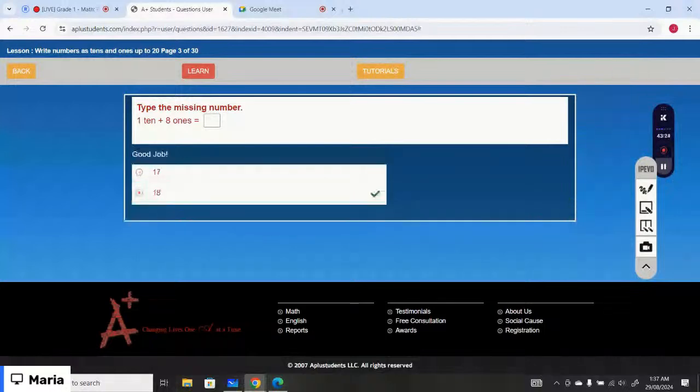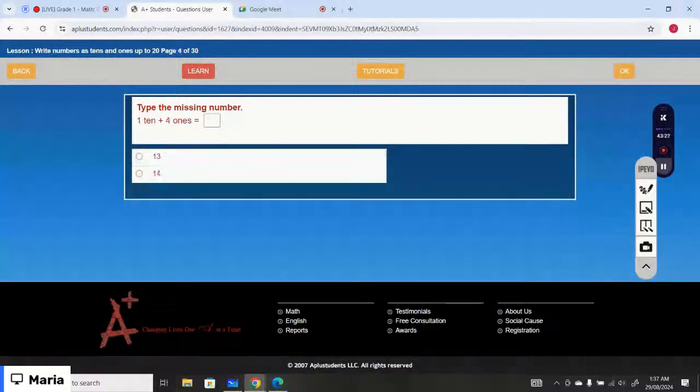Okay, the next one is: type the missing number, 1 ten plus 4 ones. So which is the correct option? 1 ten and 4 ones makes 14. Option number 2 is the correct option.